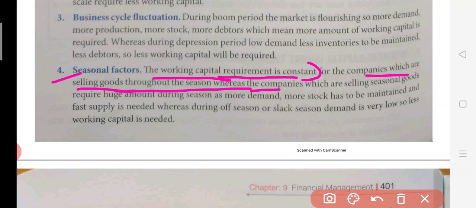But a company like a raincoat making company, or one that makes rainy season goods like umbrellas, will see its working capital increase in that particular season. Otherwise it is not going to increase, and the rest of the days they will not require that much working capital.